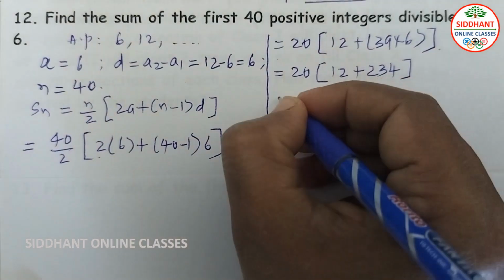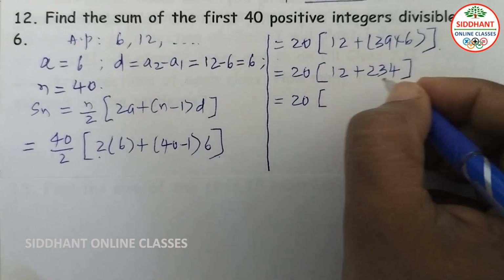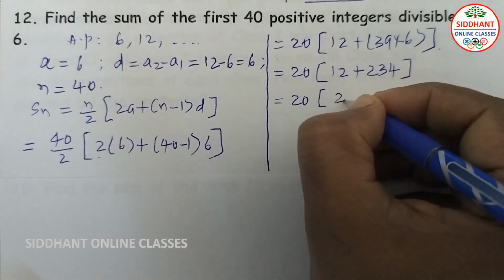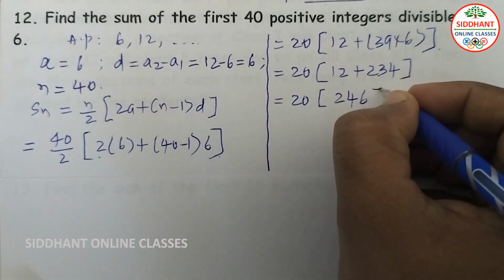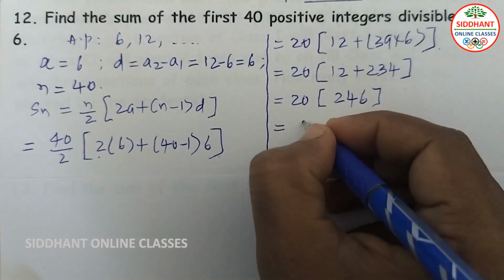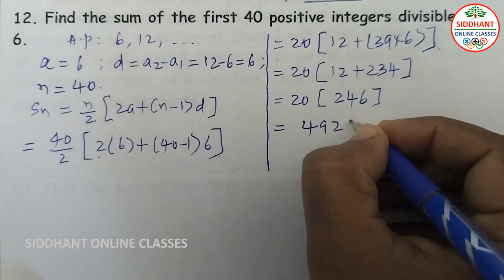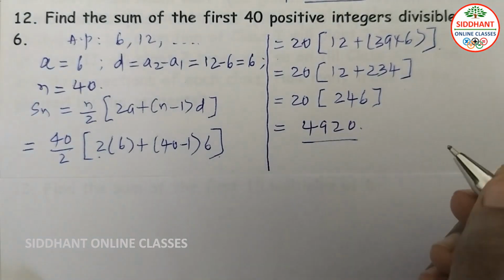So that equal to 20 into 12 plus 234 which will be 246. So that equal to 20 into 246 which will be 4920.